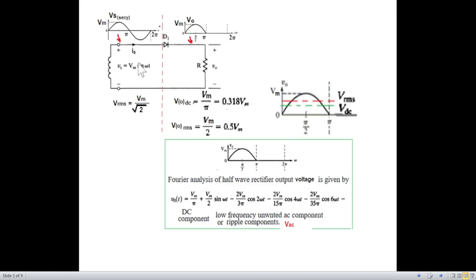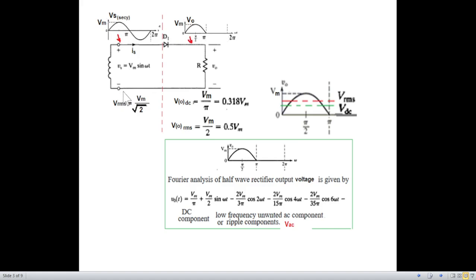One more thing to keep in mind: when we are on the transformer side, before the diode, we have the full AC signal, a full sinusoidal signal. After the diode, we only have half of the wave, the positive half in this case.